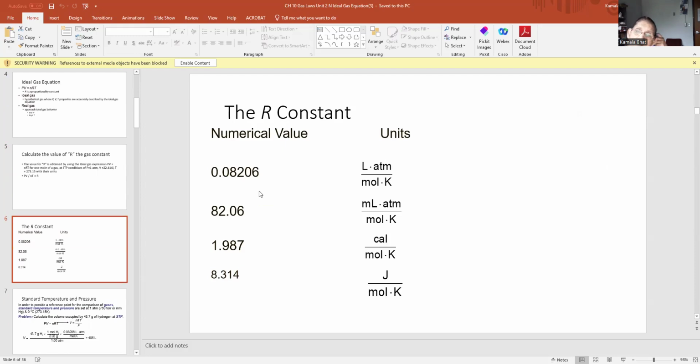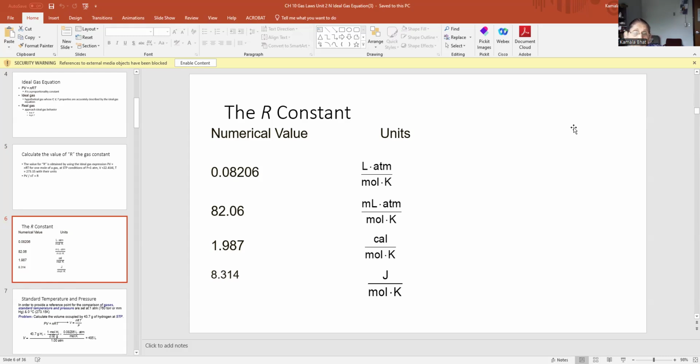The numerical value of the gas constant under different units is provided here. If the units are liter atmosphere per mole Kelvin, then the value is 0.08206. If it is milliliter atmosphere per mole Kelvin, then it is 82.06.